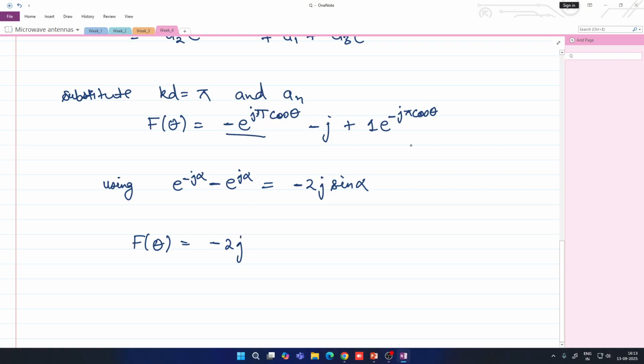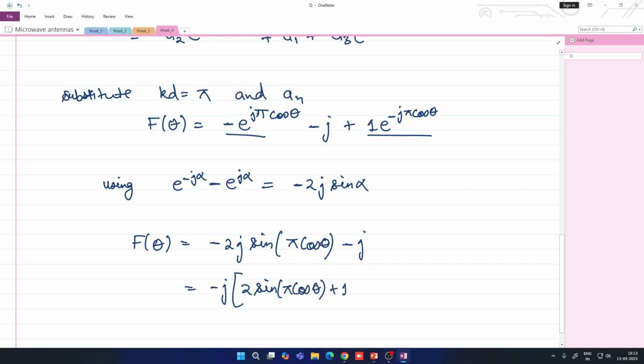If you look at these two, we can write these two as minus 2j sin pi cos theta and minus j. So if we take minus j outside, I can rewrite this as 2 sin pi cos theta plus 1.